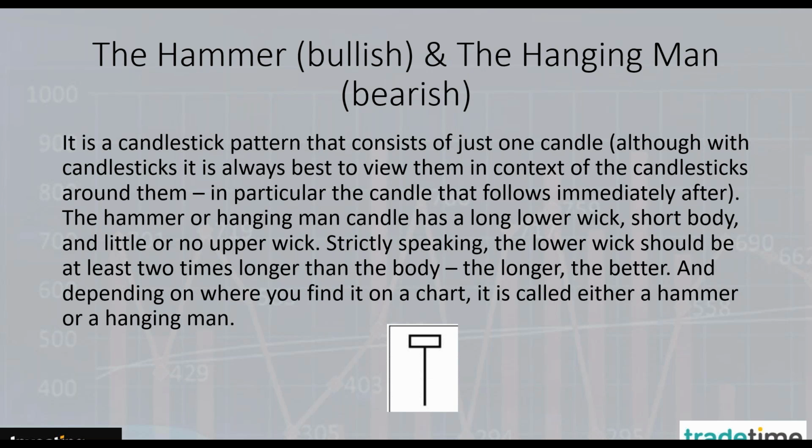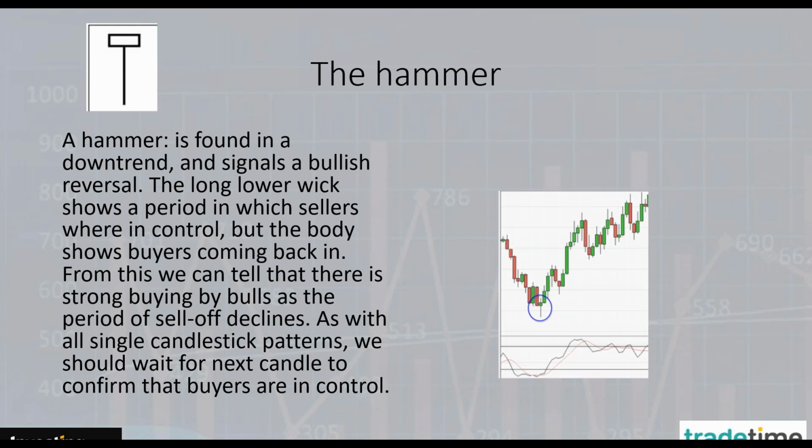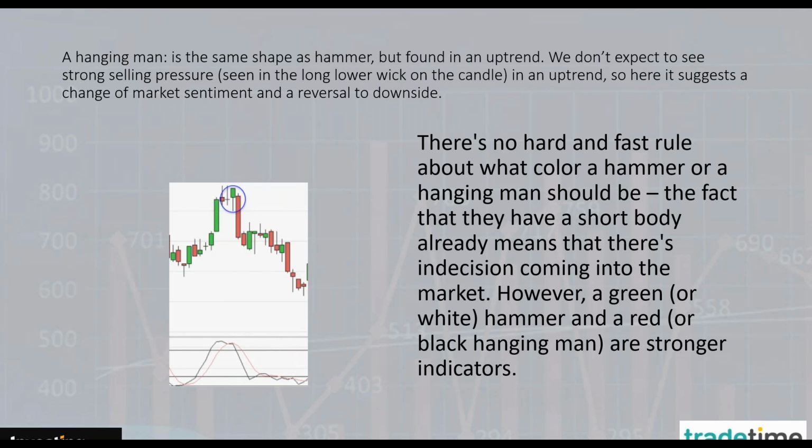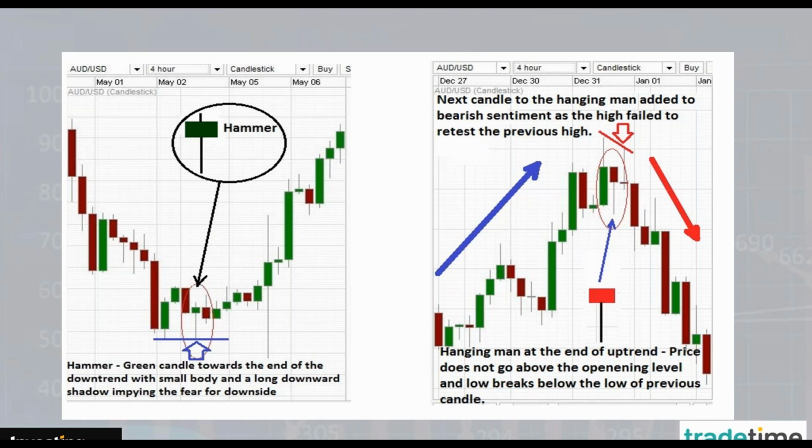It looks like a hammer. A hanging man looks like a hanging man. But when they do appear, you have to look at them in relevance to the trend. You have to know that they're appearing and what is expected. So we want to see the hammer and the hanging man.